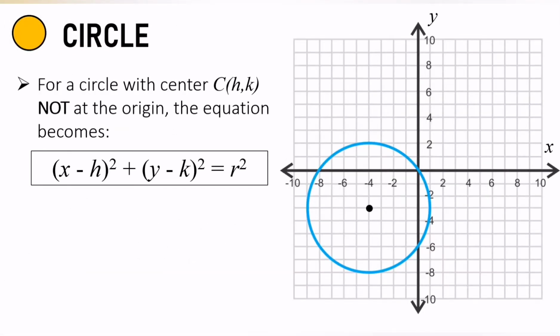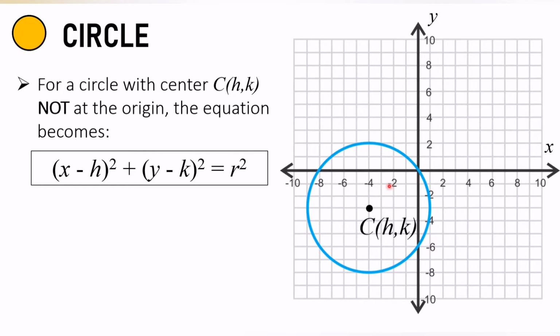If the center is not at the origin, then you have a center of (h, k). The equation now becomes x minus h quantity squared plus y minus k quantity squared is equal to r squared.